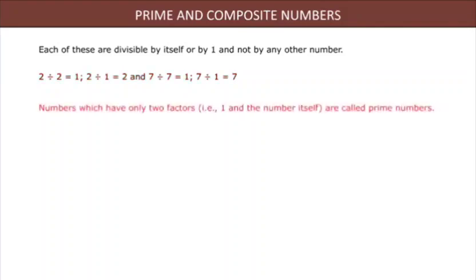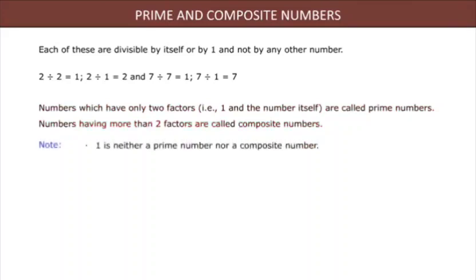Numbers which have only two factors, that is 1 and the number itself, are called prime numbers. Numbers having more than two factors are called composite numbers. Note, 1 is neither a prime number nor a composite number. All even numbers except 2 are composite numbers.